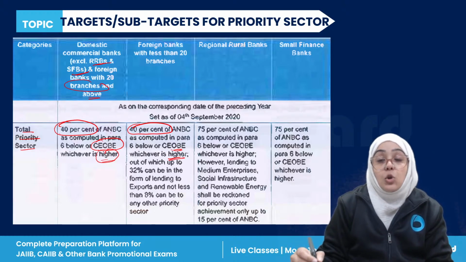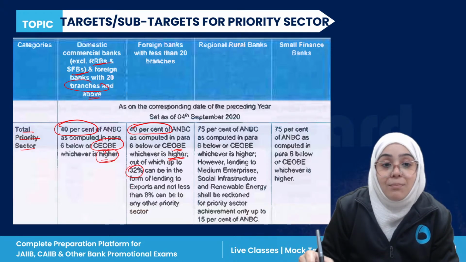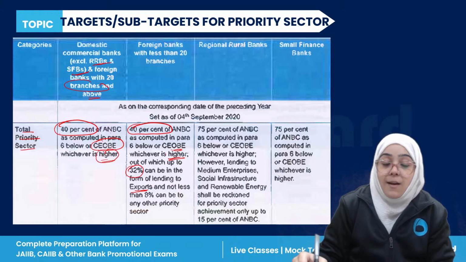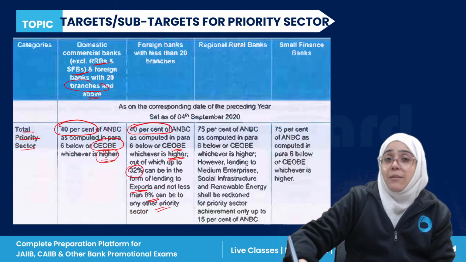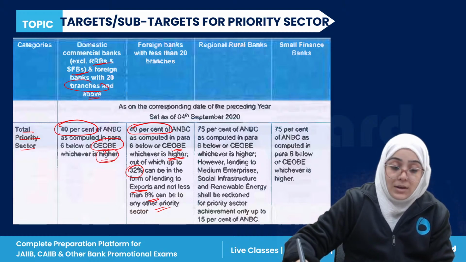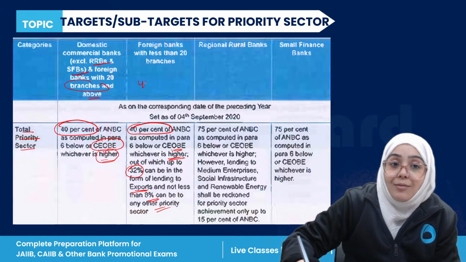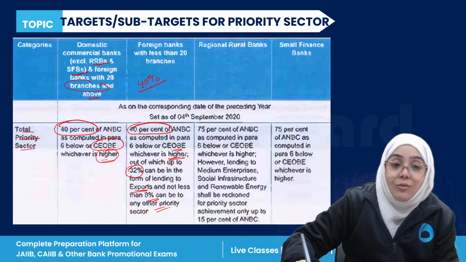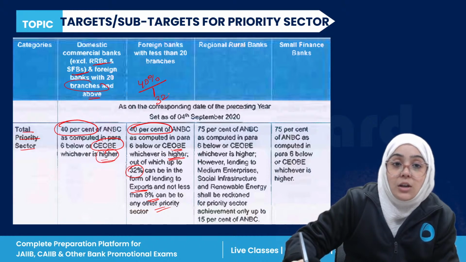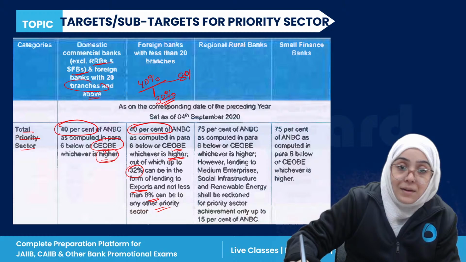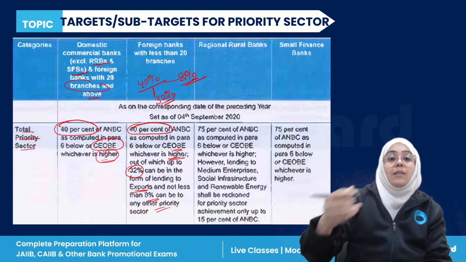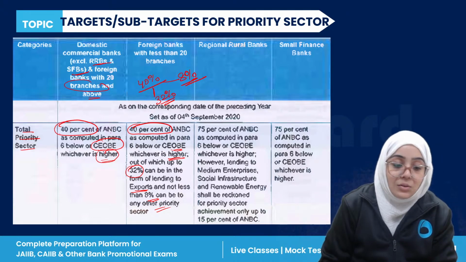Under this 40%, you can lend up to 32% only to export credit, and the remaining 8% you can lend in the other priority sectors.